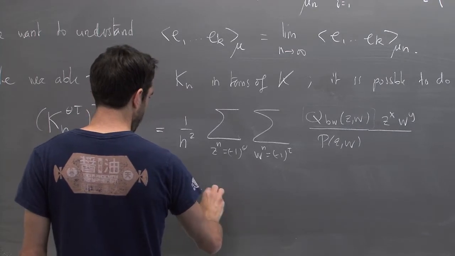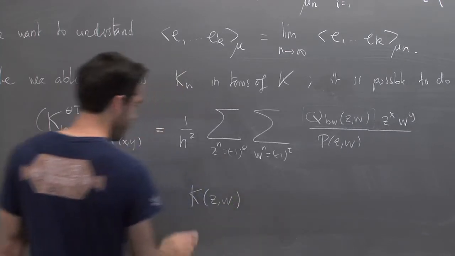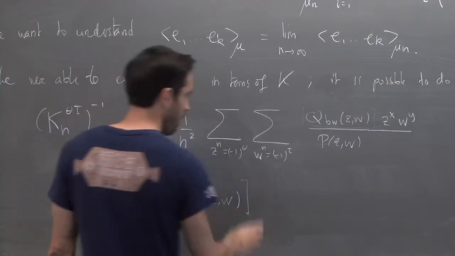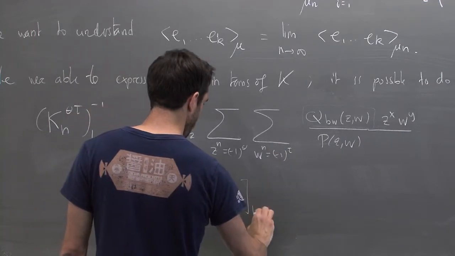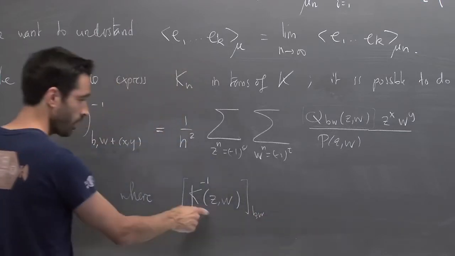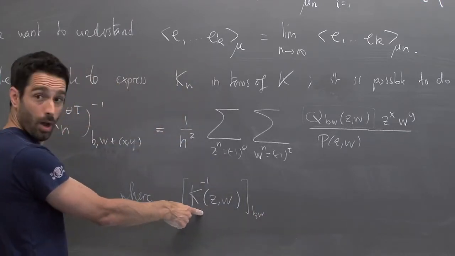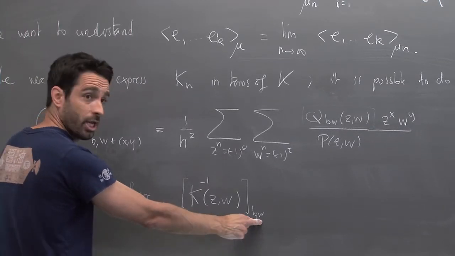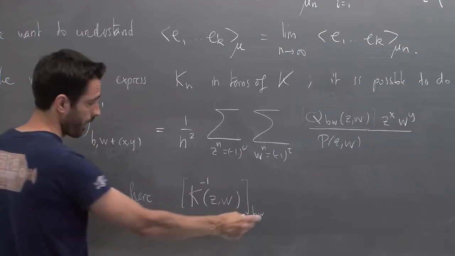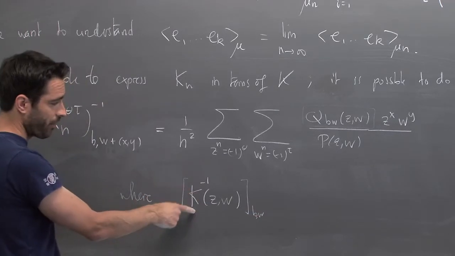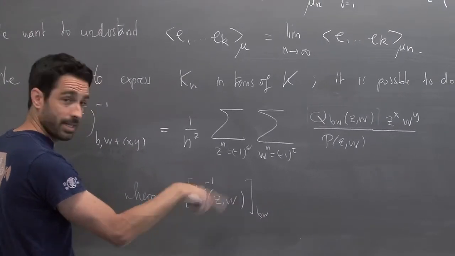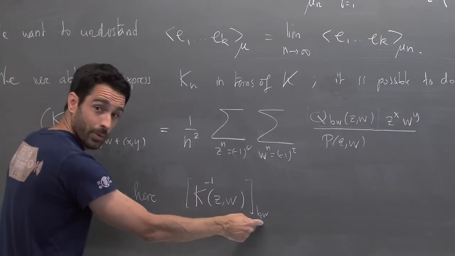actually if you look at KZW, the inverse matrix, and you look at the BW part, this is the one for the 1-by-1 domain. So here it makes sense to look at BW that lie in the same fundamental domain, right? So I look at the inverse, so I look at the matrix with DW, I look at its inverse, and I look at the coefficient which correspond to BW.